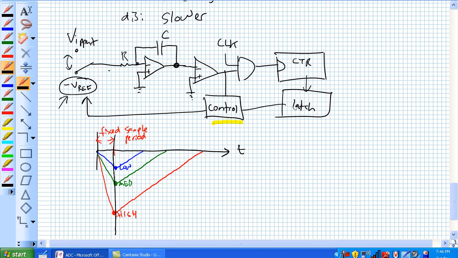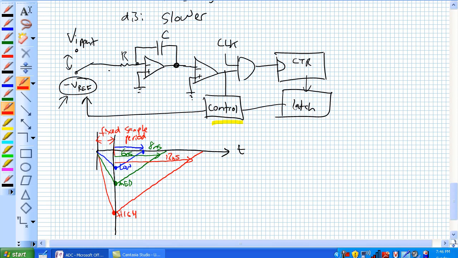And all we're going to do is ask how long it takes to discharge. Well, the low only took 6 nanoseconds, whereas the medium takes 8 nanoseconds. The big long one takes 12 nanoseconds to discharge at a constant slope.